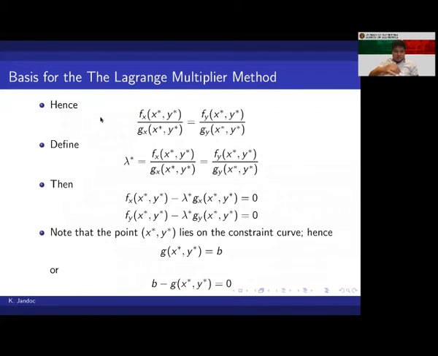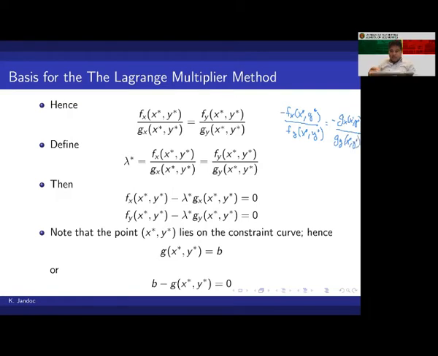Okay, so from the previous slide, we have that negative f_x(x*, y*) over f_y(x*, y*) is equal to negative g_x(x*, y*) over g_y(x*, y*).